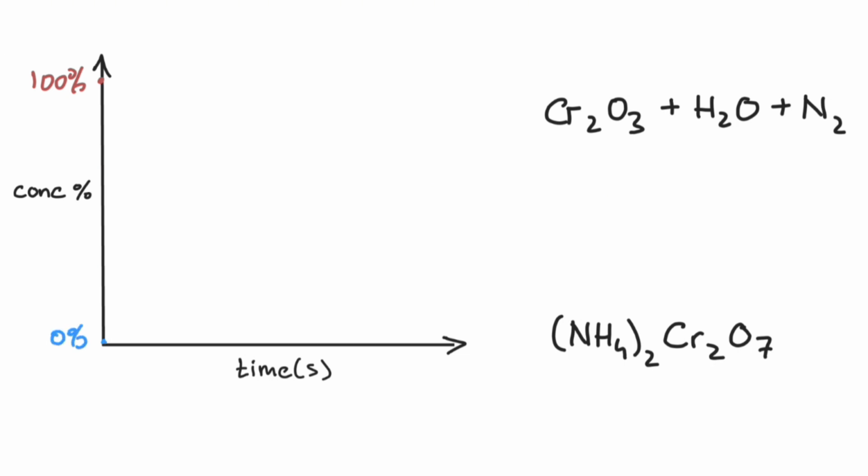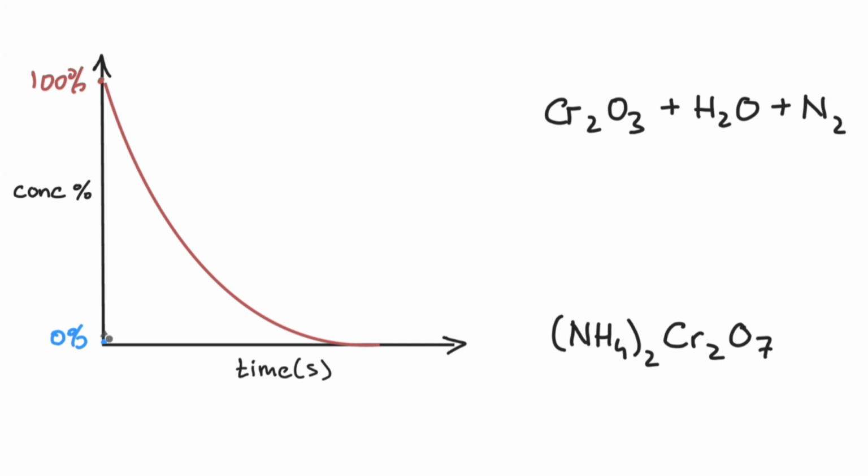As soon as you start the reaction, you will expect that the concentration of reactant will significantly decrease till it reaches 0. So you will completely consume our reactant and transfer it to the form of product.